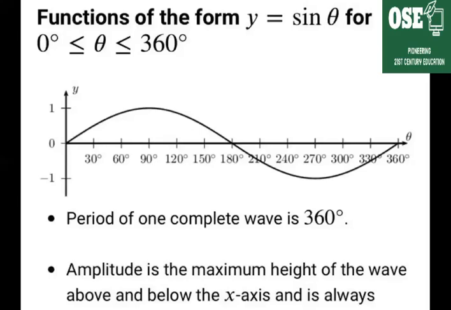So a standard y = sin θ graph without any modifications will start from 0. If your period is from 0 to 360, so if your Cartesian plane is from 0 to 360, it will start at 0 and end at 360. It will start at y = 0 and end at y = 0.